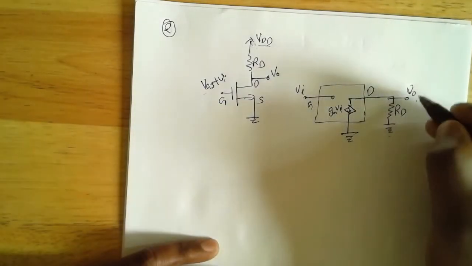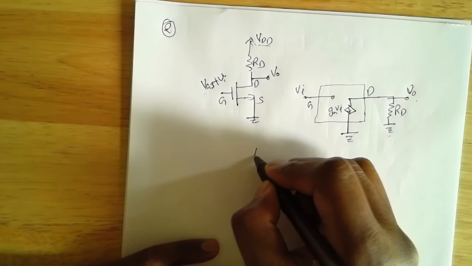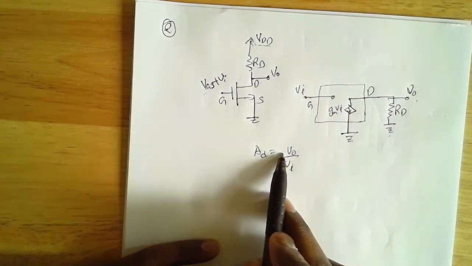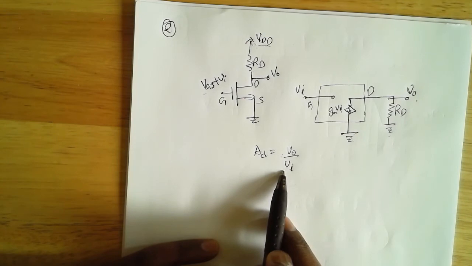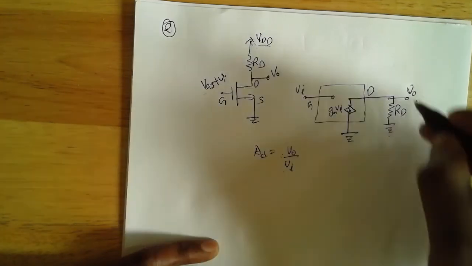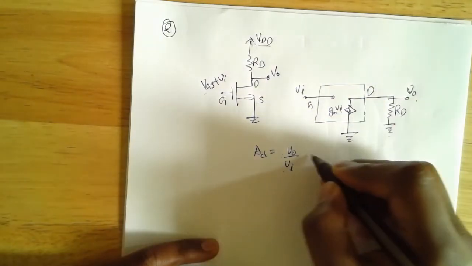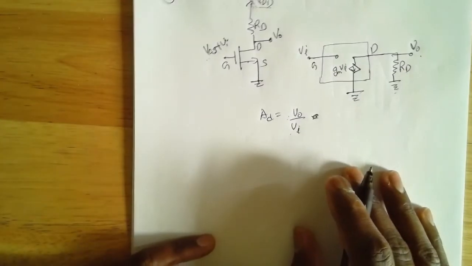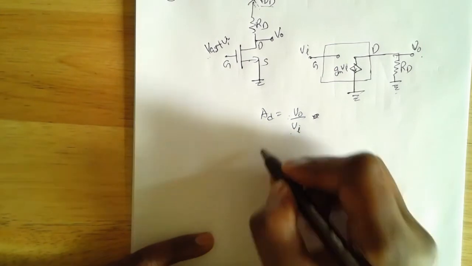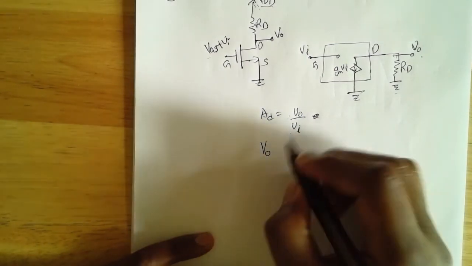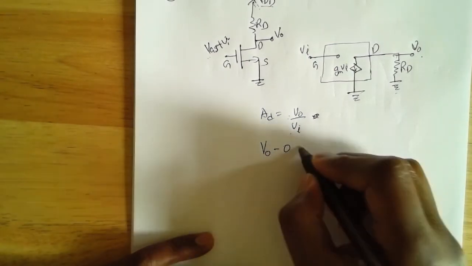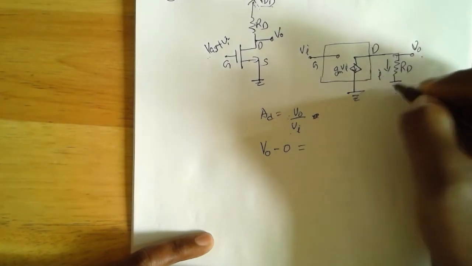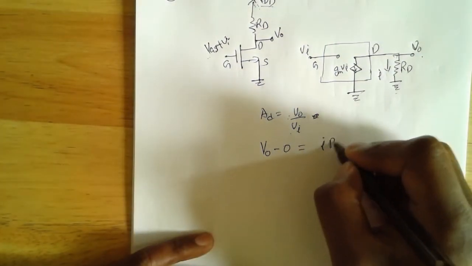Okay, so now what I want to calculate is the AC gain, which is VO divided by VI, which is changes in voltage divided by changes in voltage. Okay, so the voltage drop across RD is VO minus 0, which will be equal to, let's say the current here is I in this direction, that will be I times RD.